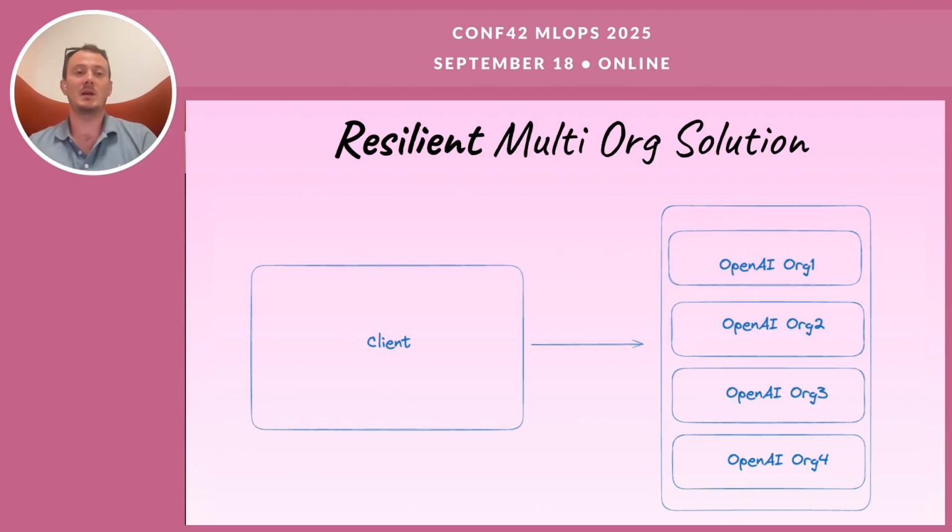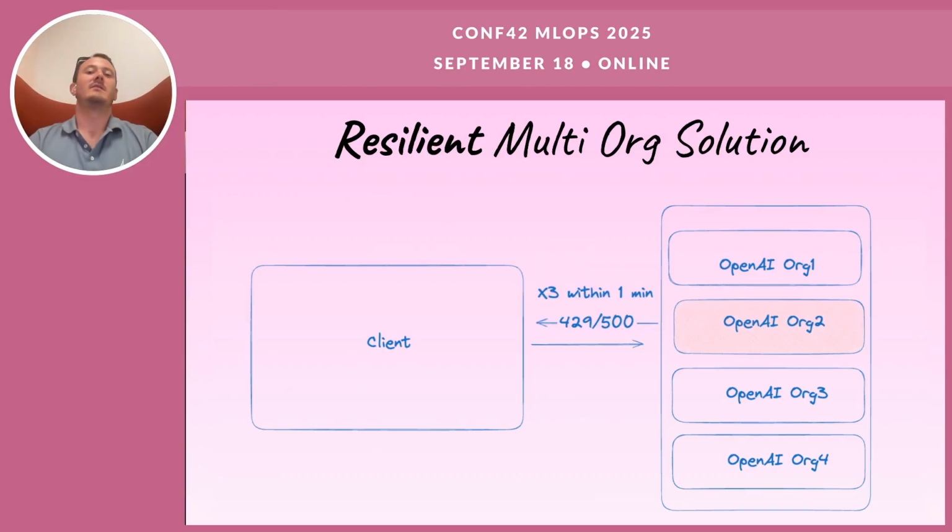So let's say we have a client request. It goes to our infra that has several organizations. And let's say that one of those organizations hits a certain threshold. For example, it hits its own rate limit, or for some reason it returns a 500 error code or any other error within a certain time frame. And we see that it's not something that just happens once, it happens 3 times.